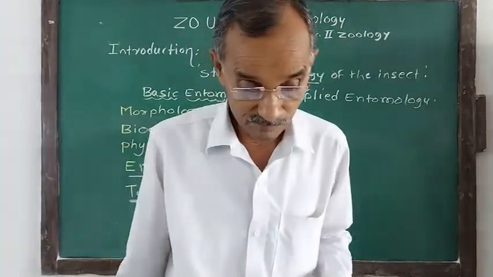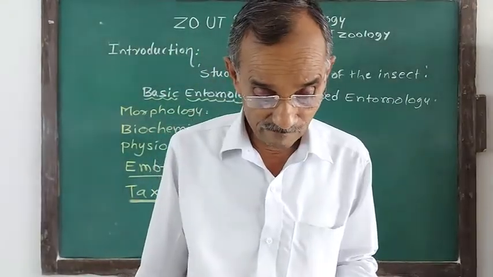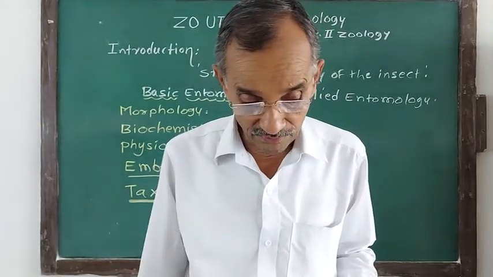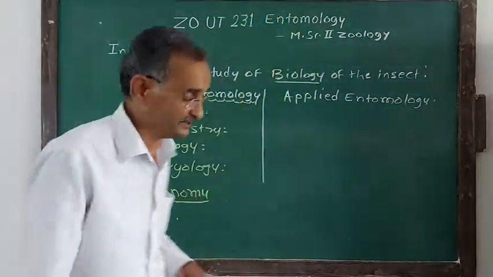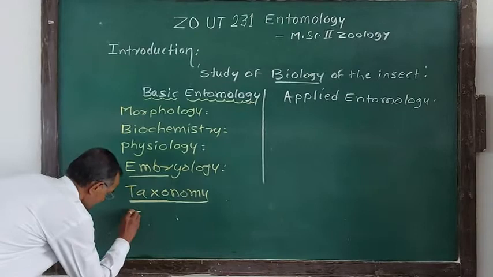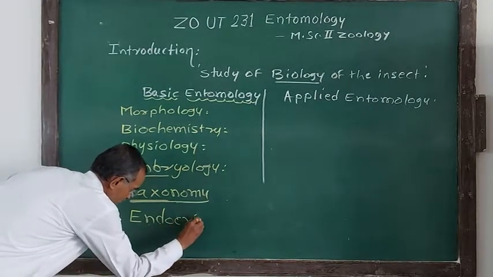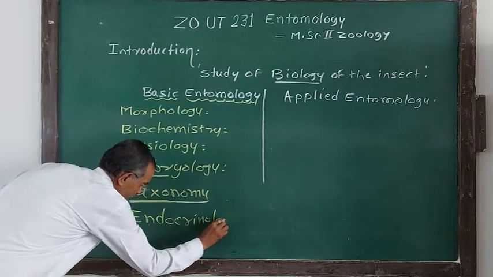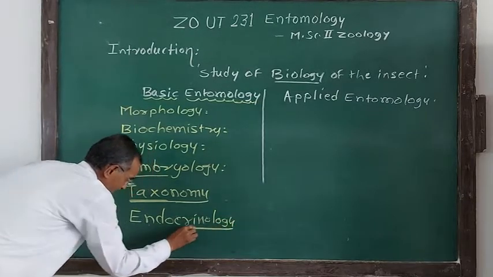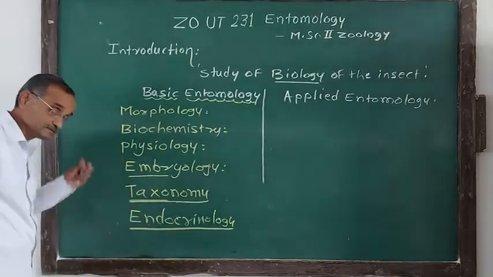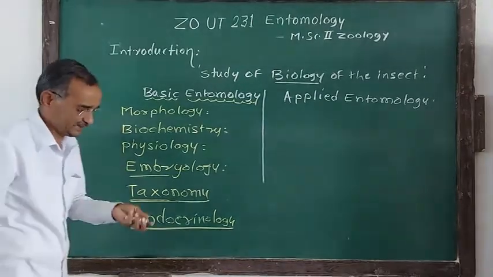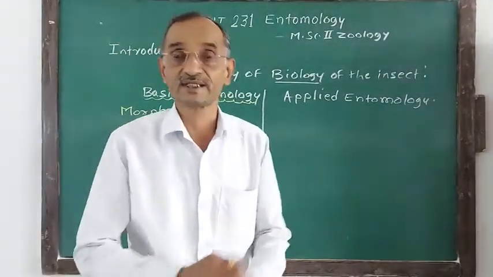Apart from this, basic entomology also includes endocrinology. Now what is endocrinology? It means how the endocrine system of an insect works.